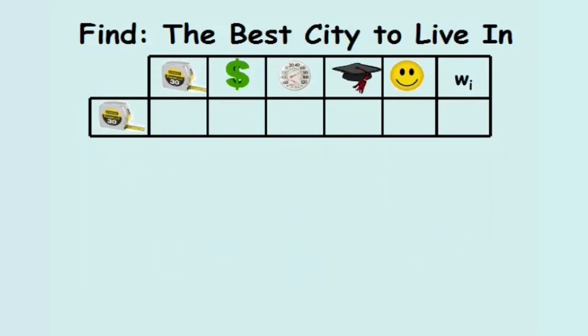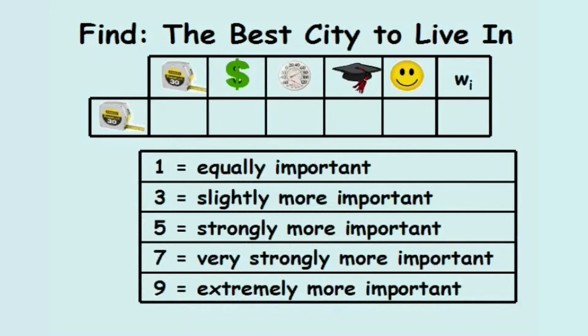The analytical hierarchy process uses scale judgments from 1 to 9, indicating how much more important the criterion in the row is to the decision maker than the criterion in the column. If the distance is slightly more important than the cost of living, 3 is entered into the common cell.